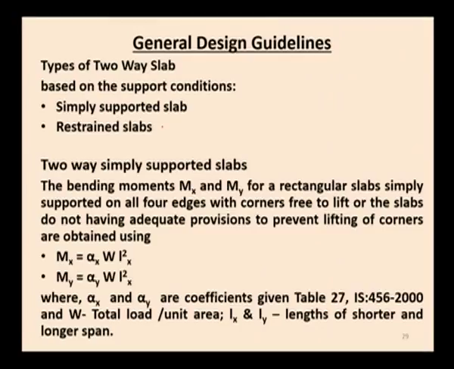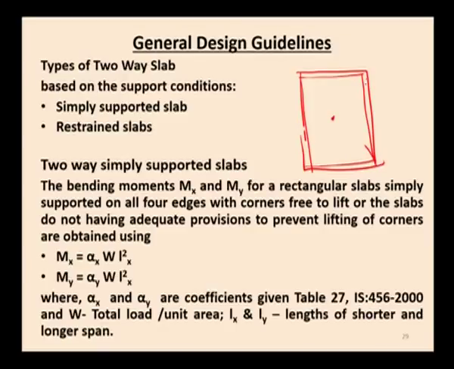That is, if it is resting on four walls, and the slab is not going to be built into the walls, it means that the further construction of the wall over the slab is avoided. The slab is treated as a simply supported slab. It is freely resting on walls without any fixity developed at the support.